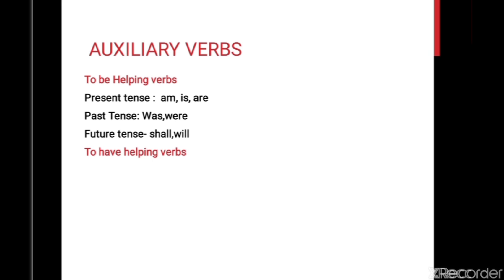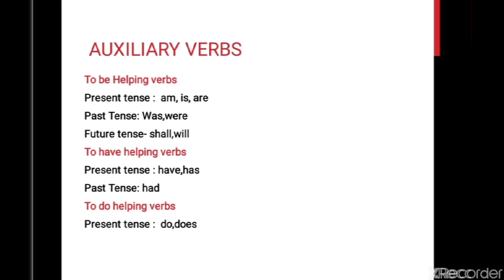To have helping verbs in present tense have and has, and in past tense had. And to do helping verbs in present tense do and does, and in past tense did. So to be's helping verbs are am, is, are, was, were, shall, will. To have helping verbs are have, has, and had, and to do's helping verbs are do, does, and did.